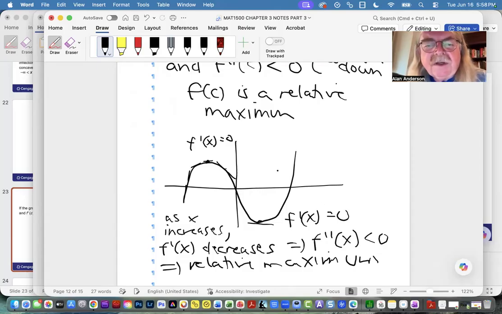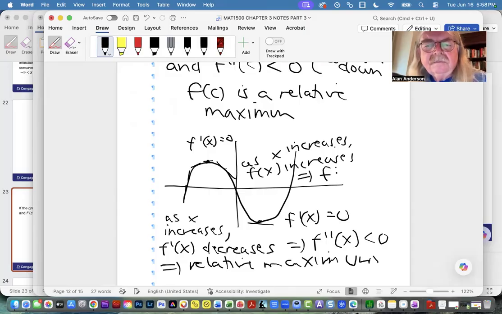Now, of course, this is a pretty terrible drawing, but oh, I'm sorry, this is positive. And that makes it a relative minimum.